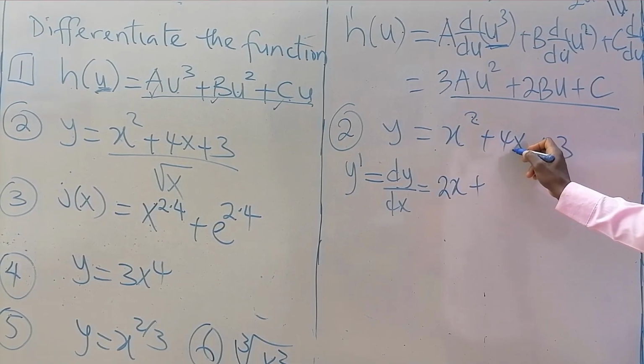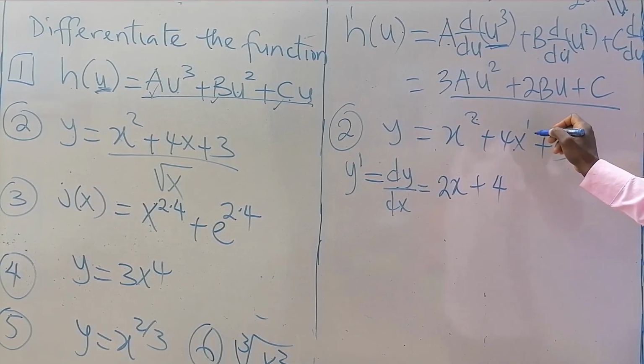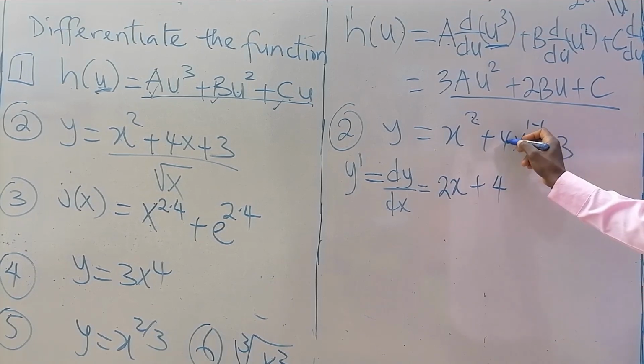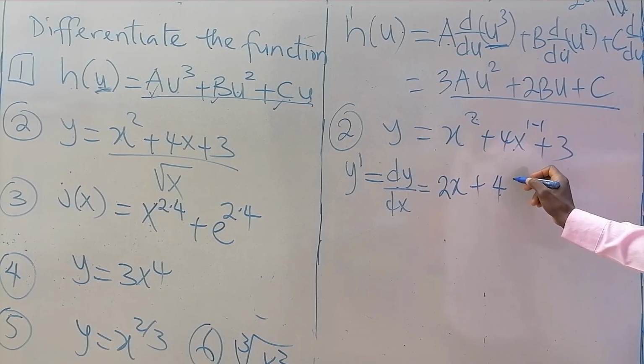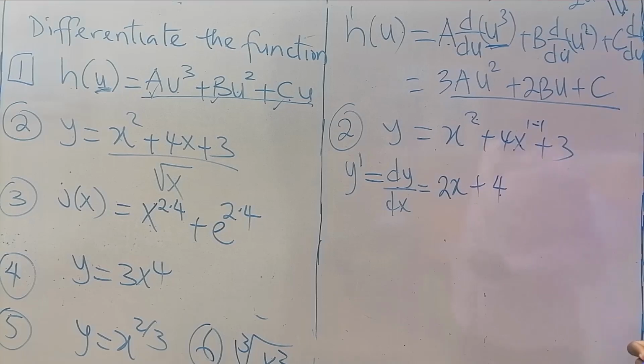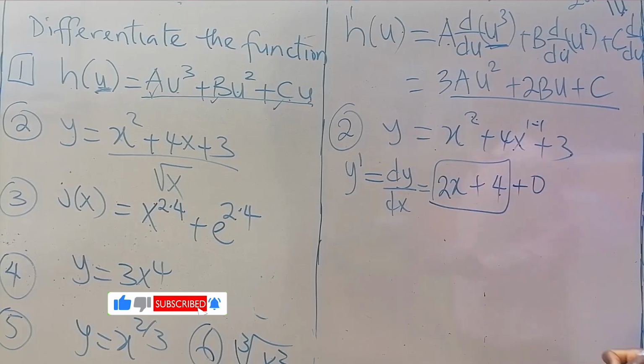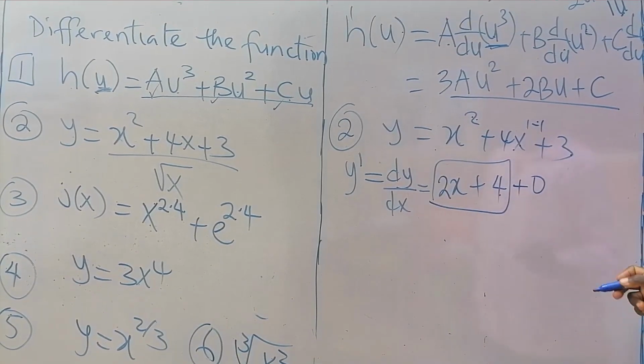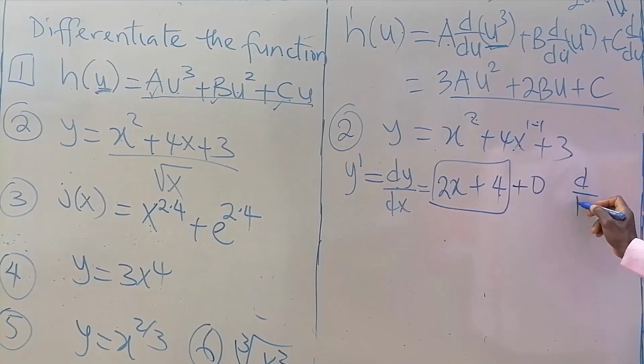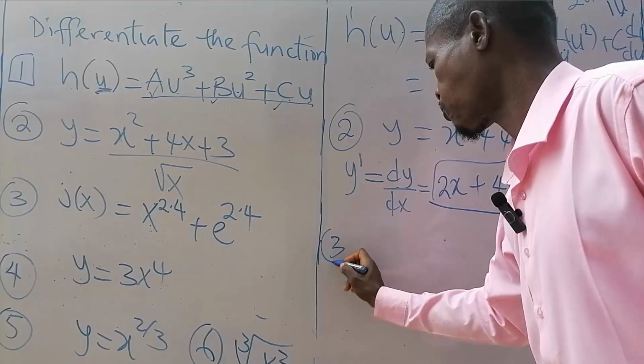So plus this one will give you 4, this is x to the power 1 minus 1. 4 times 1 is 4, this is x to the power 0, that's 1. So plus, if you differentiate the constant, that will give you 0. So my answer is as shown. They mentioned that in the rules: if you differentiate d/dx of a constant, it's going to give you 0.